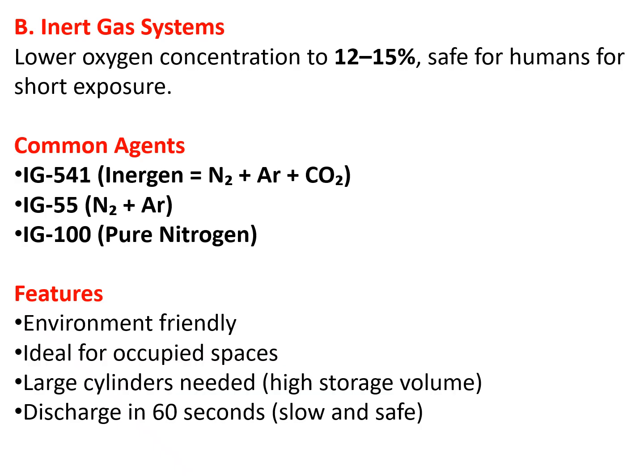Common agents are IG541, better known as Inergen, IG55, and IG100, that is pure nitrogen. The characteristic features are they are environment friendly, ideal for occupied spaces. Large cylinders are needed. Discharge in 60 seconds. They are slow and safe.